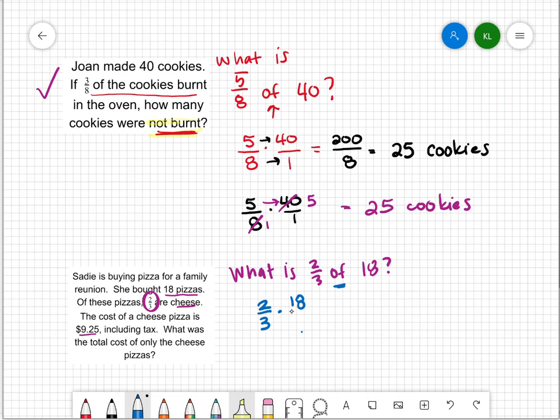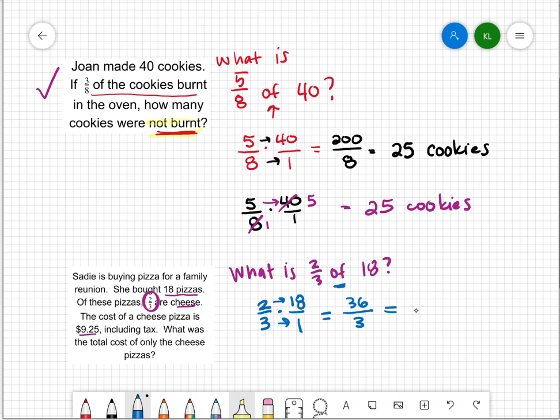Okay, so if we're going to use method 1 that we used up top, where we just multiply across the top, across the bottom, 18 times 2 is 36. 3 times 1 is 3. And then now we need to simplify, and 36 divided by 3 is 12.